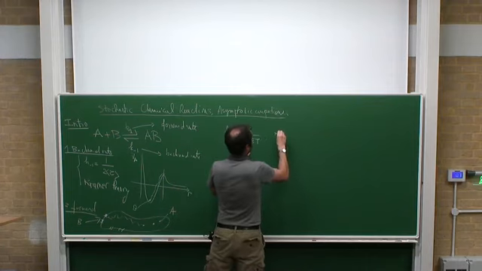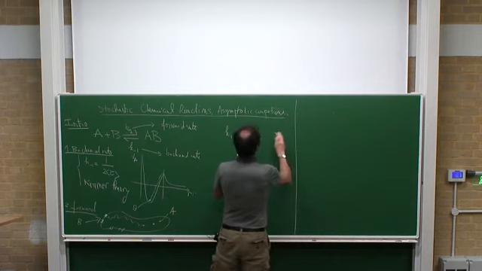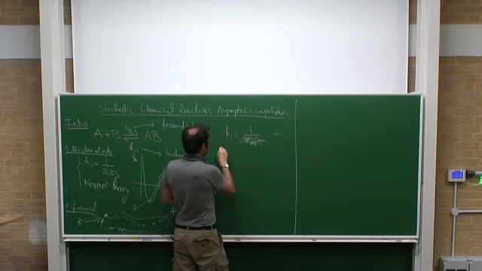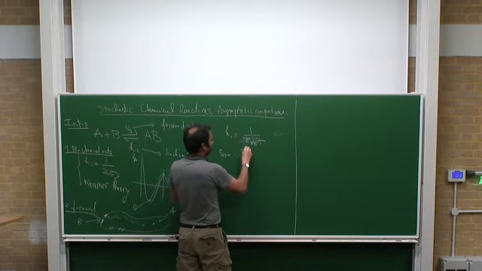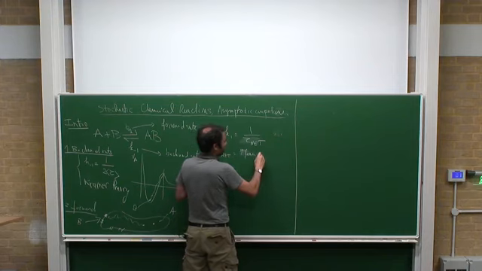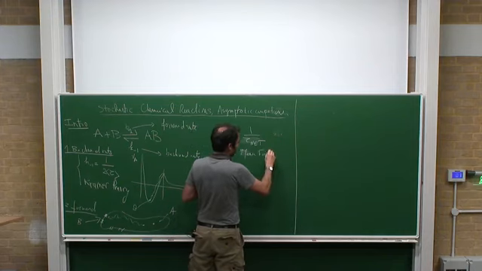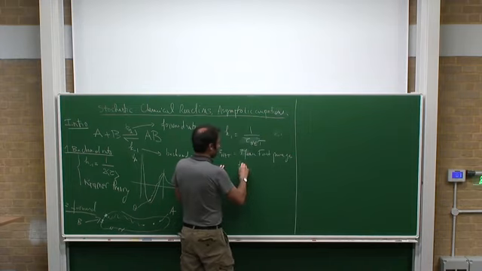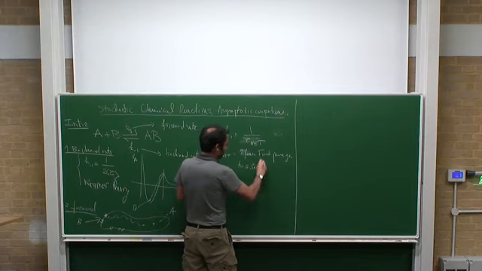So the narrow escape time, let's call it tau NET. This is the time we calculated. This is the mean first passage time, the mean first passage time to a small target.